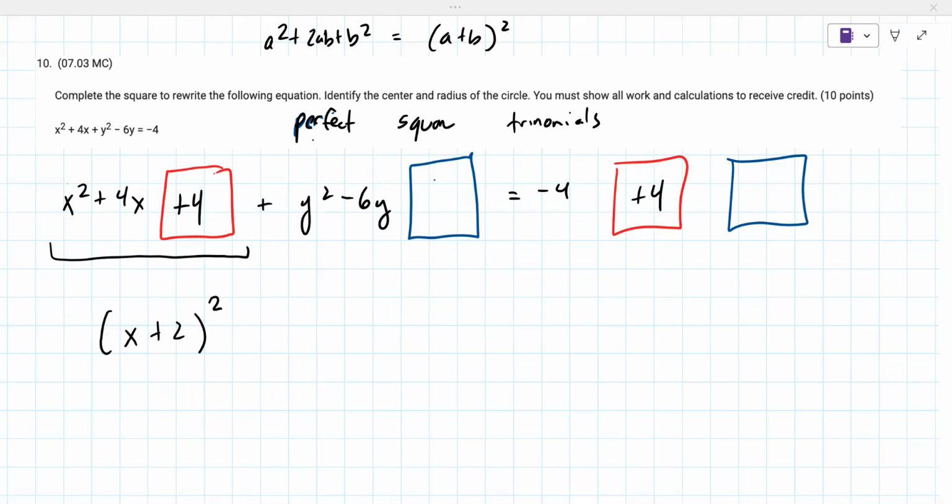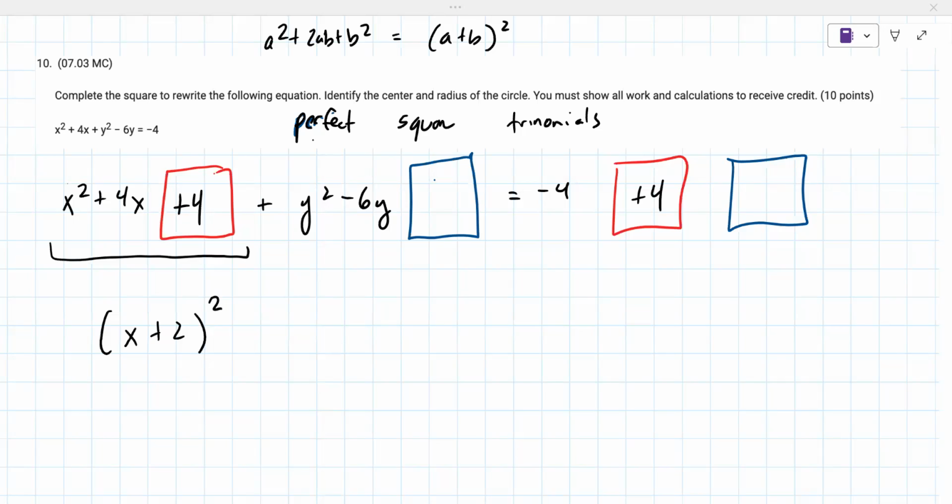When I did it here, I got the constant for x and the constant for y, because we're trying to get it to the form (x minus h) squared plus (y minus k) squared equals r squared.